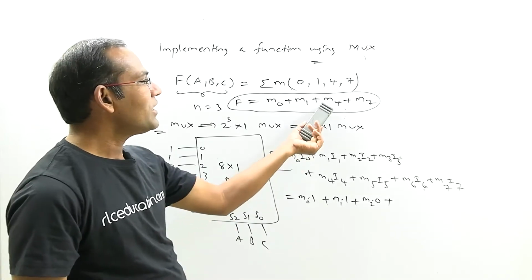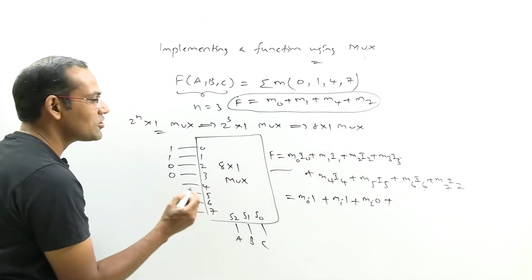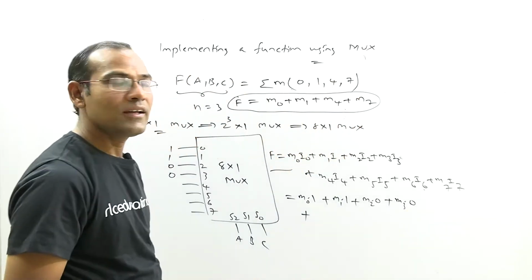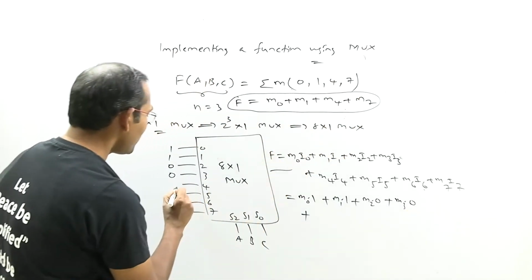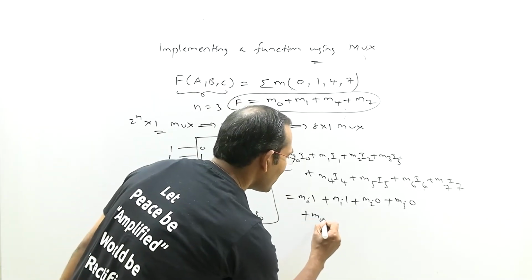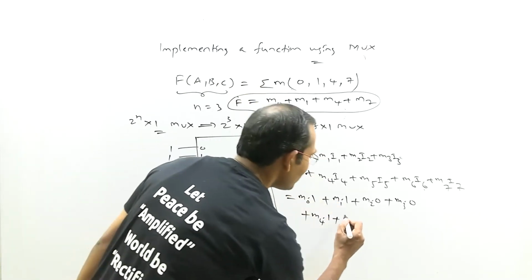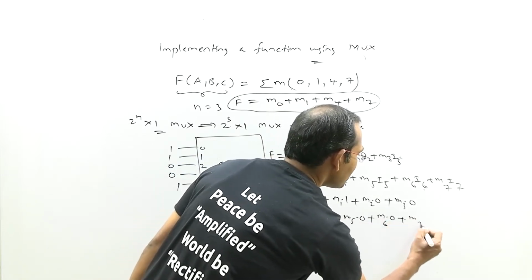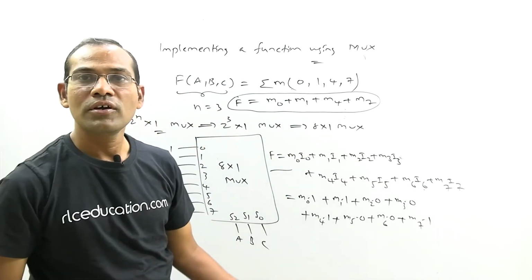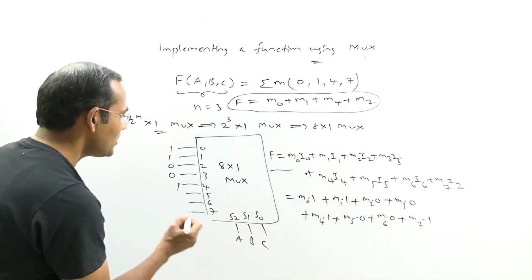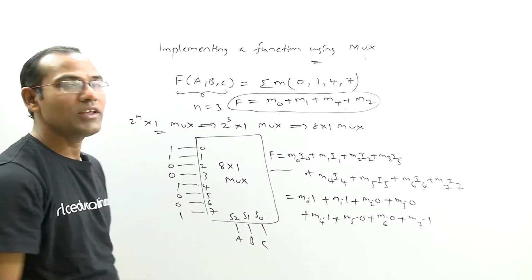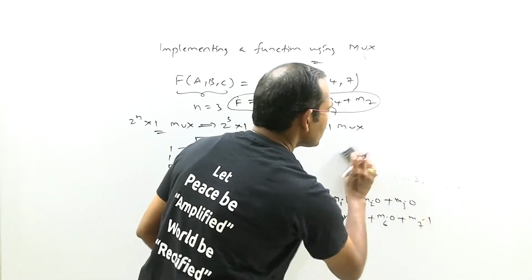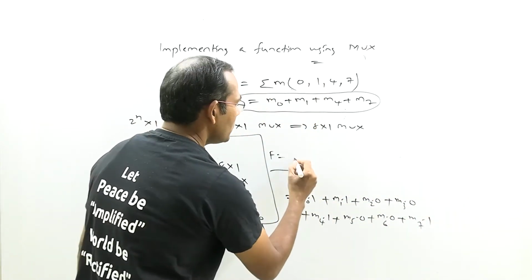I don't want M3, so M3 also should be 0. Plus, I need M4, so apply 1, so M4 into 1. I don't want M5, so M5 into 0. I don't want M6, M6 into 0. I need M7, so M7 into 1. So like this you have to give the inputs. So after multiplication, it will be like this.